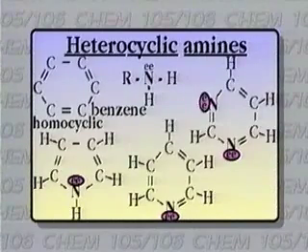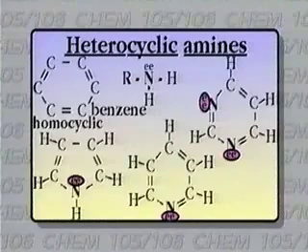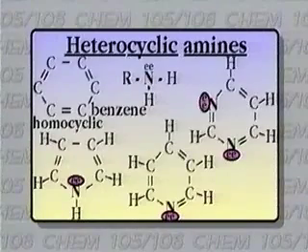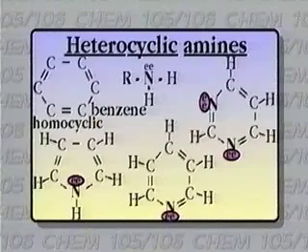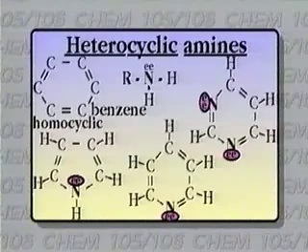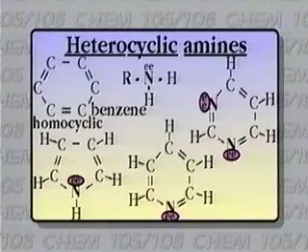These will become very important to us in Chapter 14 as we begin to talk about nucleic acids. Nucleic acids all involve one of these heterocyclic amine structures as part of the overall molecular structure. So we'll come back and look at that. But again, it's this pair of electrons that allows it to be a base.